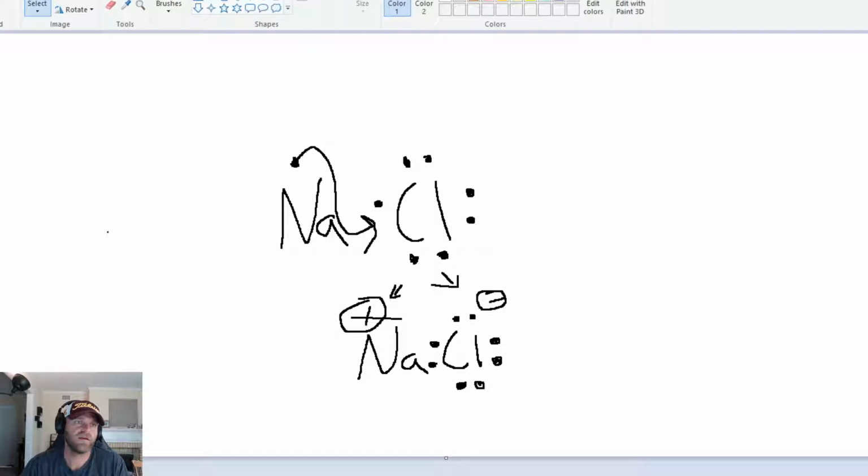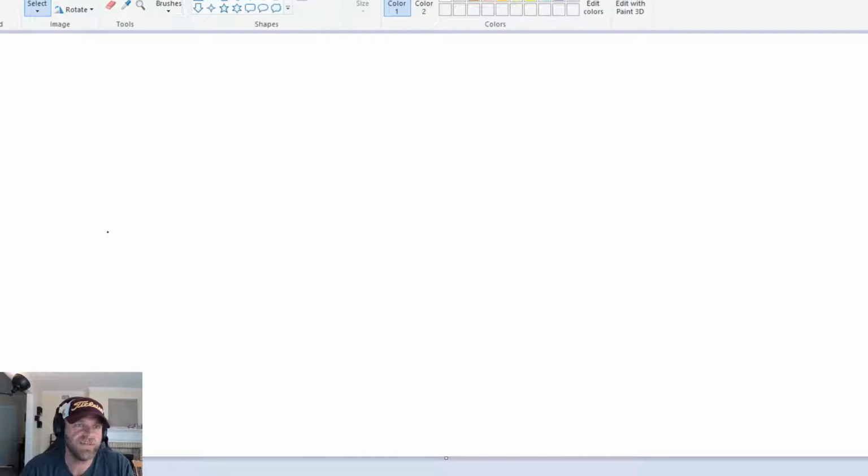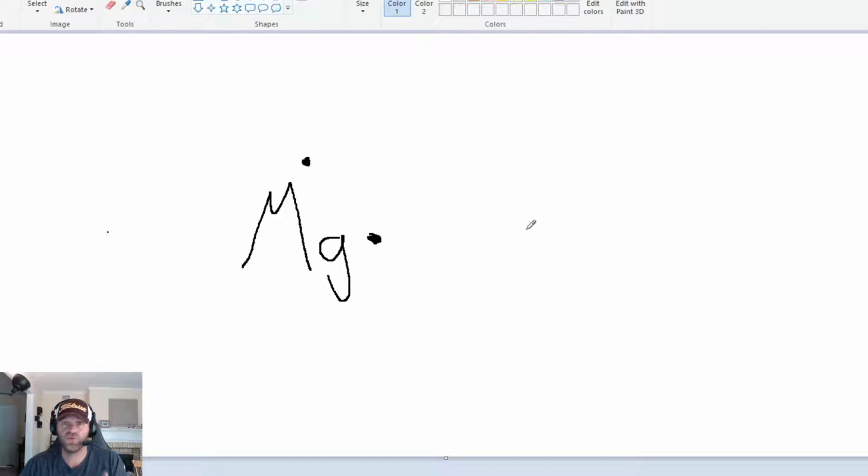Mg has 2 valence electrons typically. It will pretty much always lose those 2 when it becomes an ion, okay, because it likes to get to 0. So Mg becomes Mg2 plus.